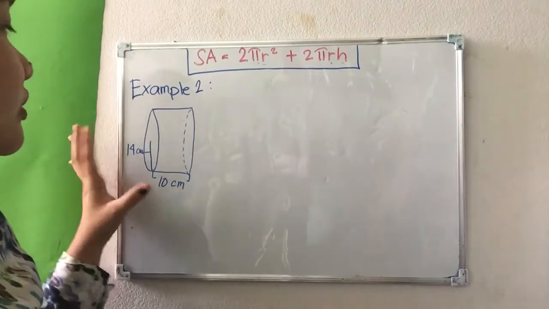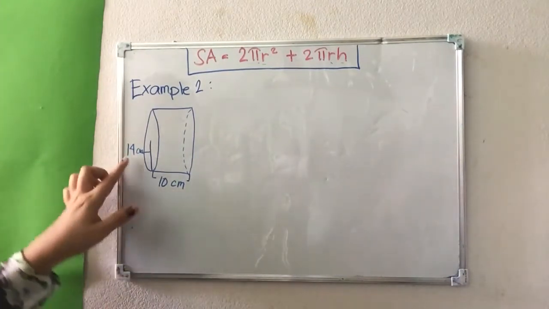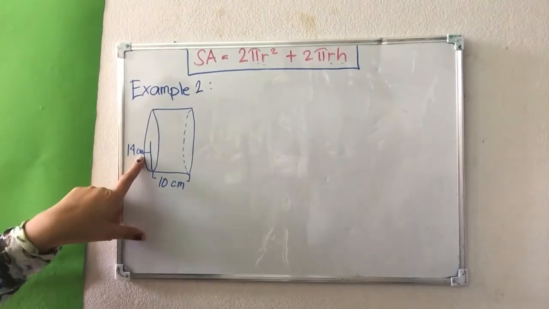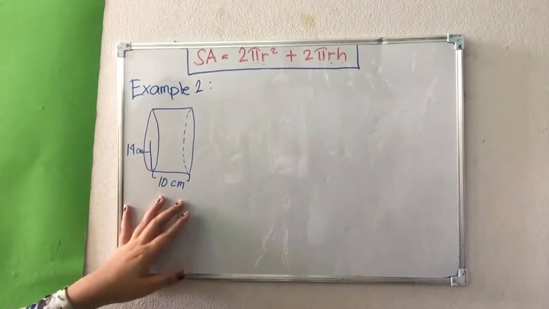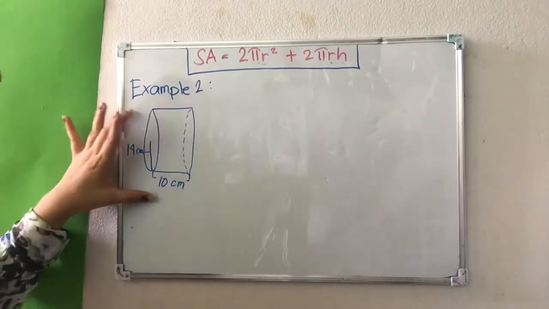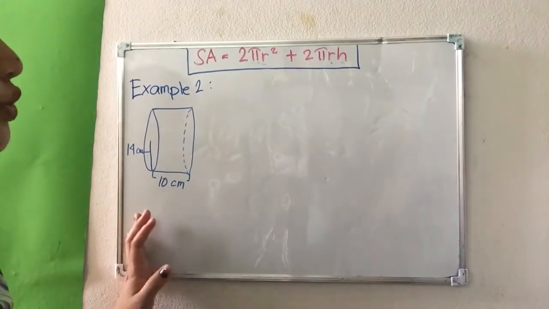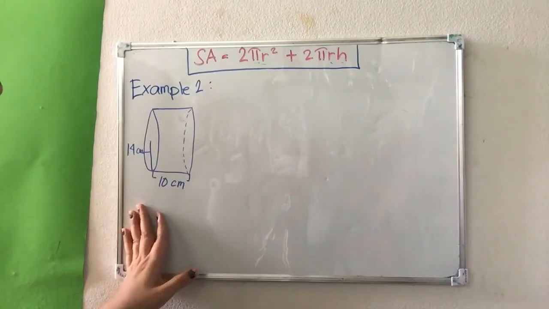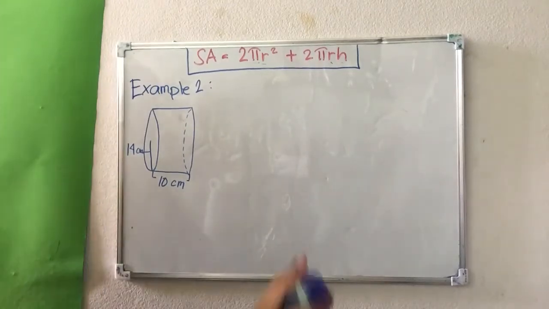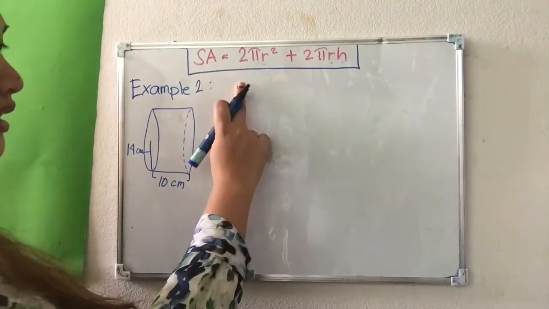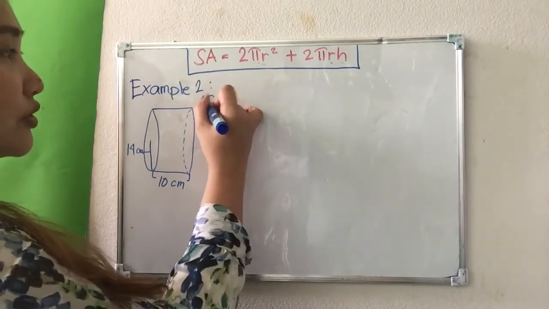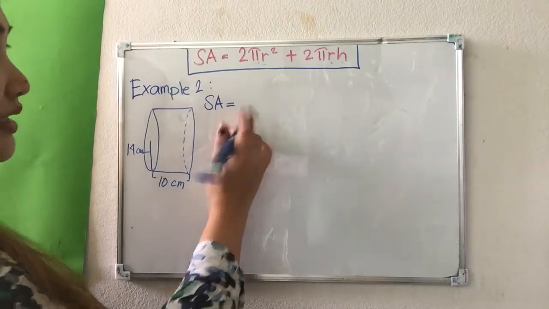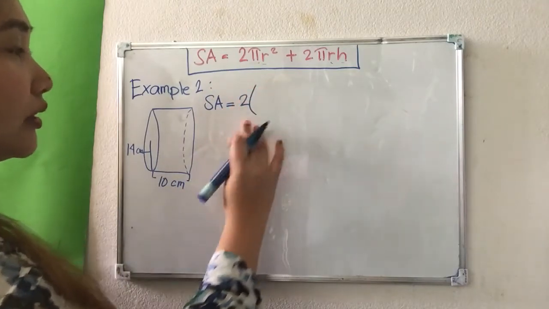Example 2: we are given a radius of 14 centimeters and a height of 10 centimeters. Now let's try to solve the surface area of this given cylinder using the formula. The surface area is equal to 2 pi.